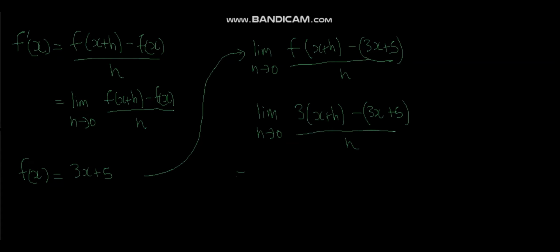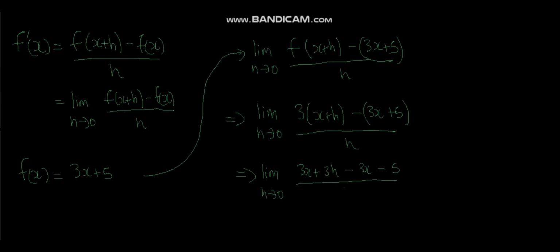Now we expand, and we get the limit as h tends to 0 of 3x plus 3h minus 3x minus 5 all over h.